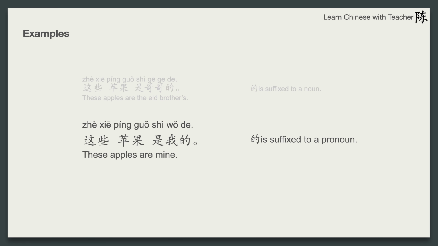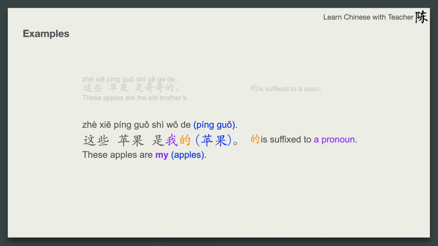Let's look at the second sentence. 这些苹果是我的. These apples are mine. In this sentence, the 的 is suffixed to a pronoun 我. Here, 我的 means mine in English. It is used as a nominal possessive pronoun.